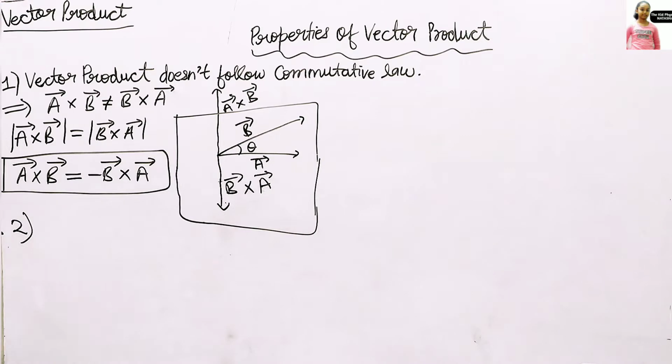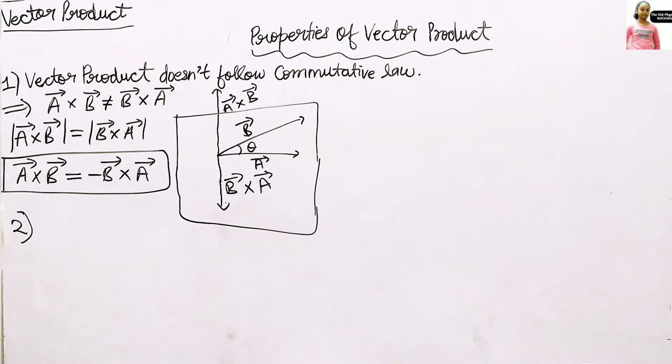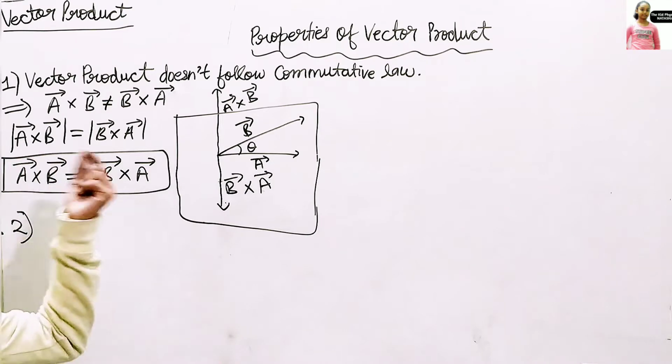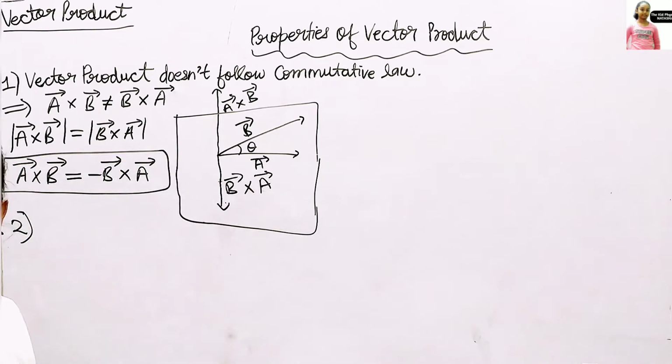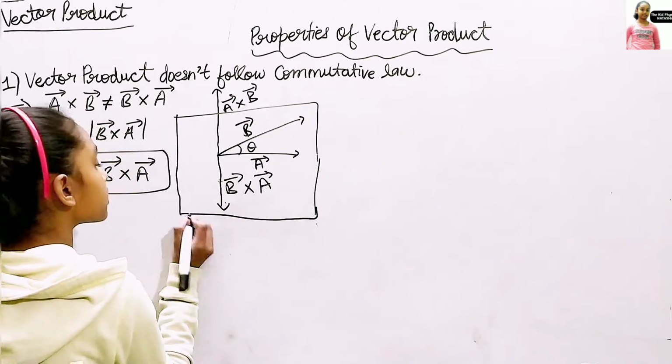Now our second property will be what? Let me tell you that. Does vector product follow distributive law? Tell me. Yes or no? Yes. Actually, vector product also follows distributive law.